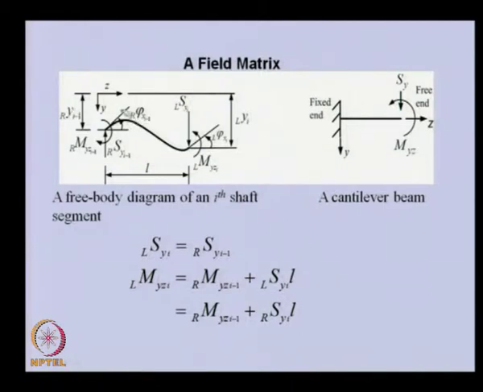These are the two field variables, linear displacement and angular displacement, representing the displacement of the shaft at the i minus 1th disc. Apart from this, we have the shear force, taking the positive convention of strength of materials: the shear force S y in the y direction at the i minus 1th disc, right of that.